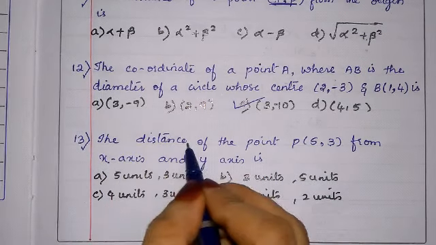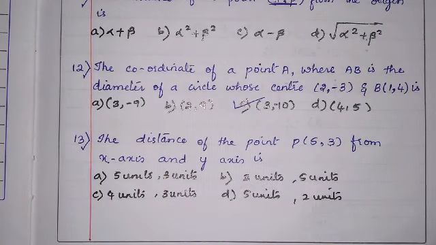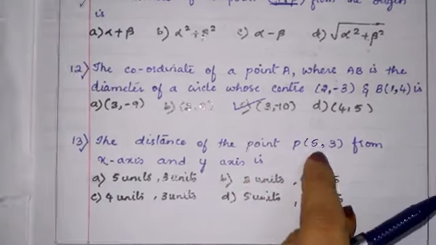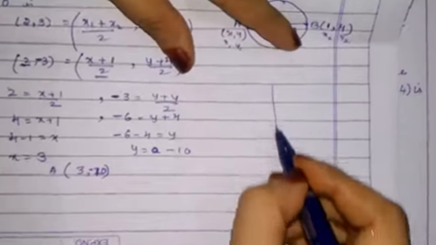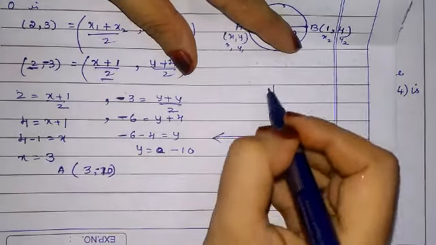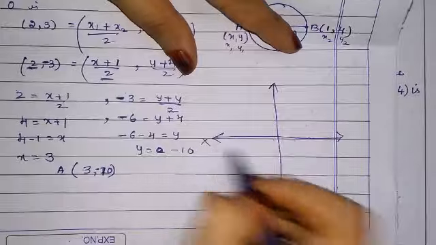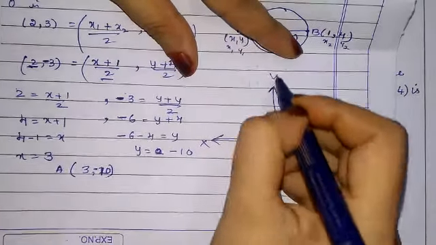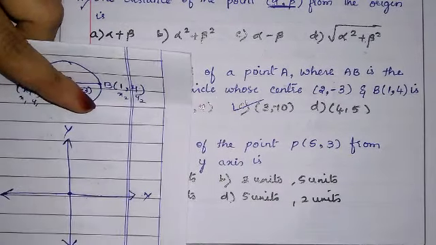Let me check the distance of the point. Let me draw the point (5, 3). Where will it come? Let us draw. Okay. This is the x-axis and this is the y-axis. Okay. So the point is (5, 3).